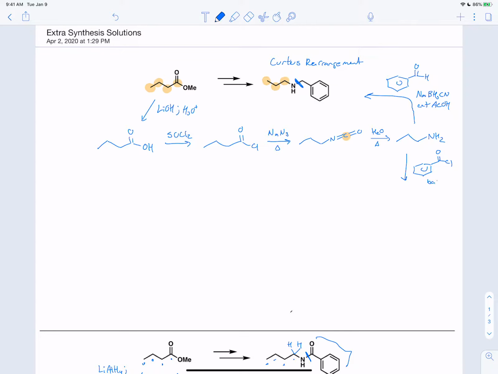You'd probably have some base like pyridine around. Then reducing this with lithium aluminum hydride, followed by an aqueous workup, will give us the same product.